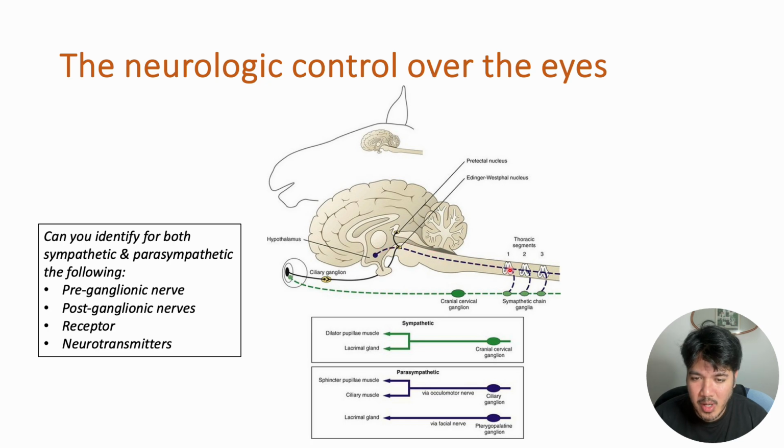From your thoracic spine, the nerves come out at the level of T1, T2, and T3, and it starts your preganglionic fiber at this level, synapses onto your cranial cervical ganglion, and your postganglionic fibers make their way through the inner ear of a patient, and end up at the level of your target organ, which is your eye in this case.